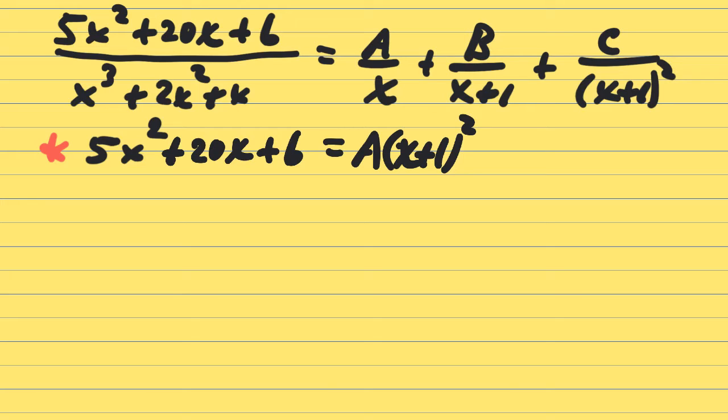The fraction in the middle is missing an x and another x plus 1. And then finally, the third fraction has both x plus 1s, but it's missing that unique factor of x.